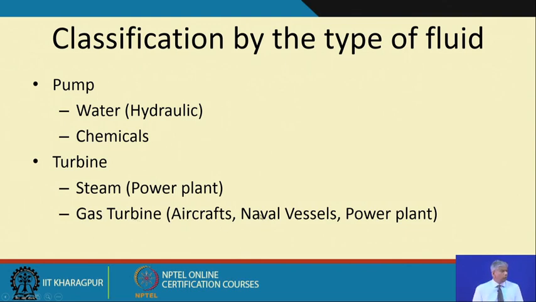So, all these can be monitored by the techniques which we know by now, and I believe by now all of you must be getting a feel that you should be able to monitor the health of any machine, be it a motor, be it a gearbox, be it a pump, be it a turbine, and so on.